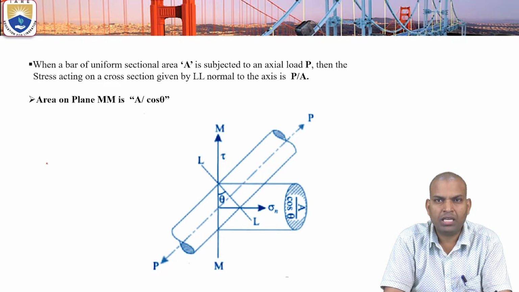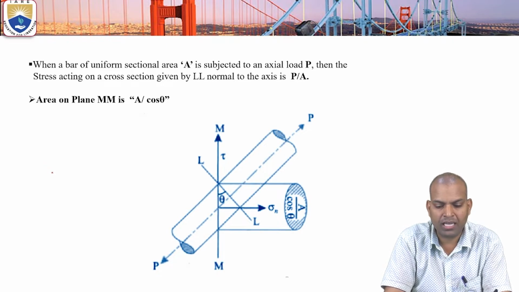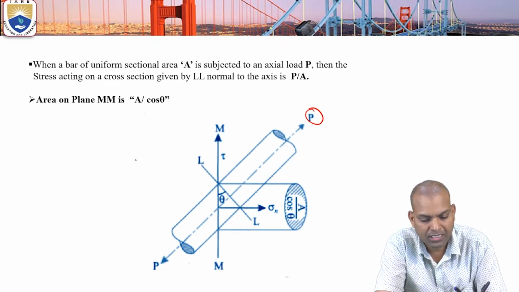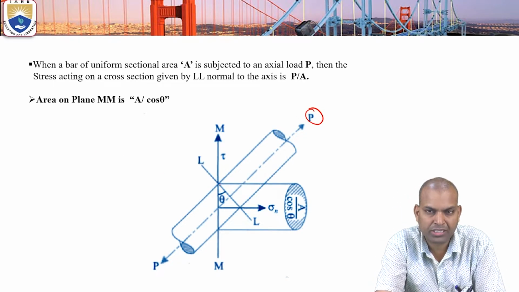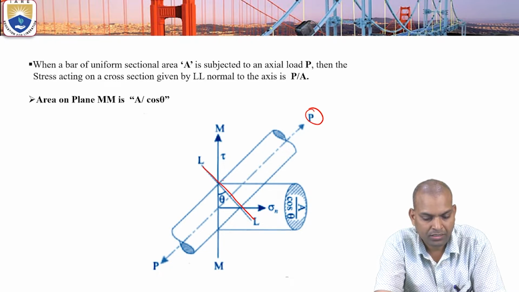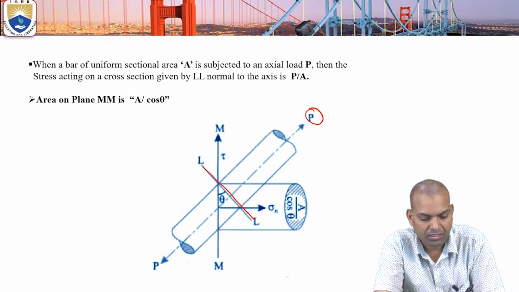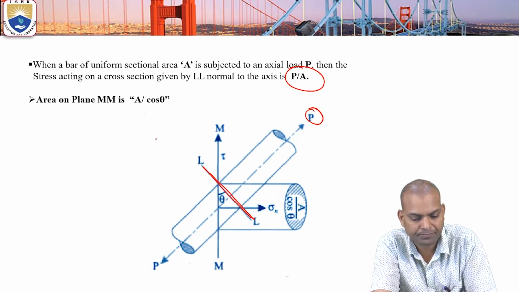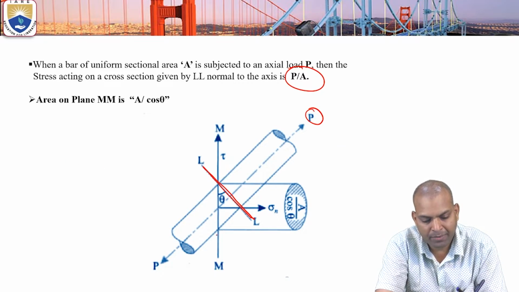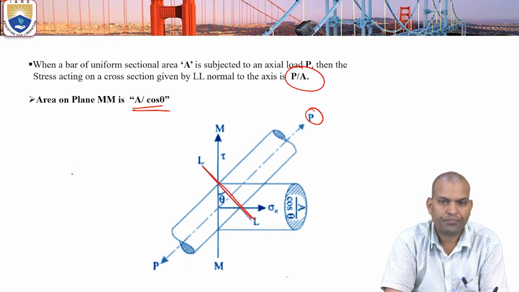When a uniform sectional area A is subjected to an axial load P, the stress acting on the cross section given by the LL plane, normal to the axis, is P by A. But the area on plane MM is A by cos theta.